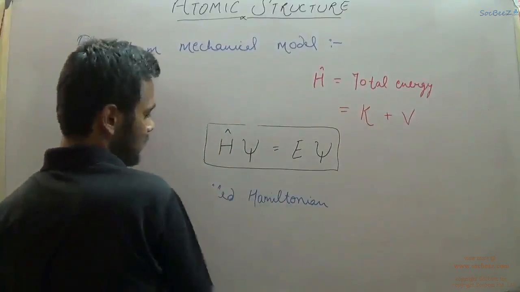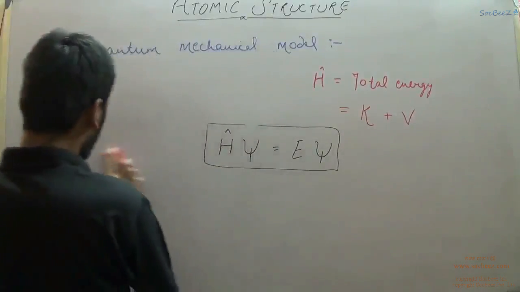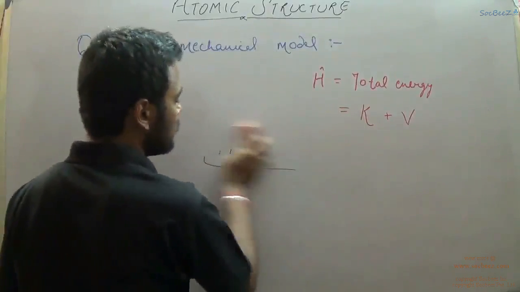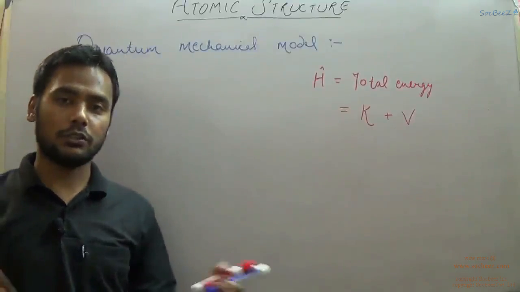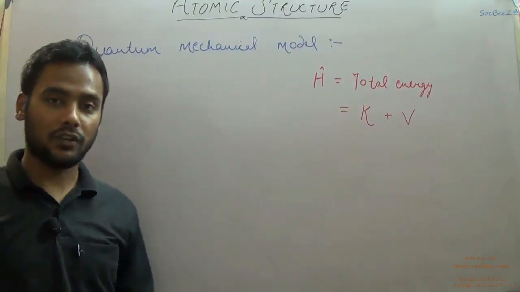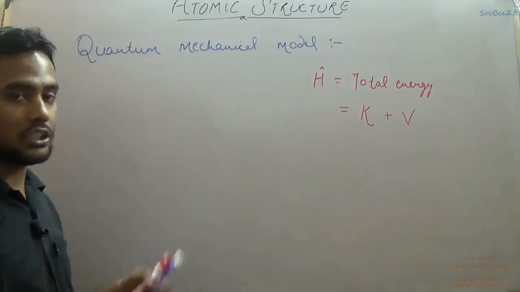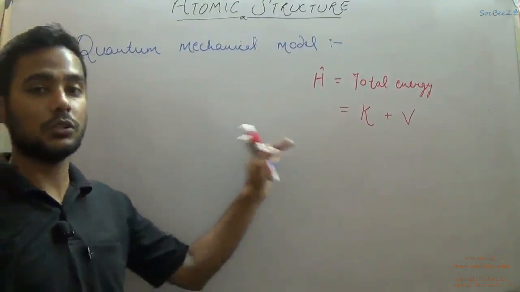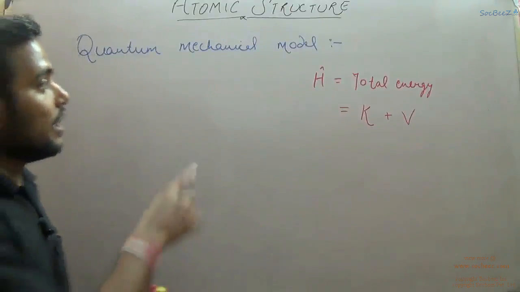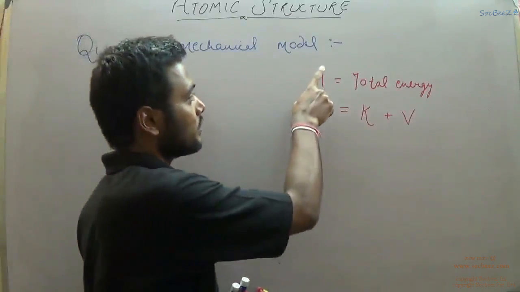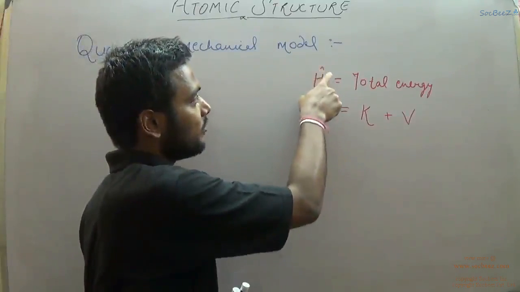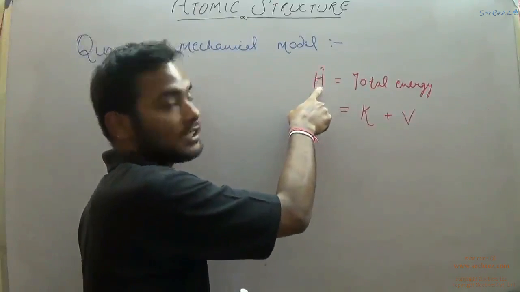So an operator is a mathematical term which operates on two or more quantities to yield a particular result. For example, the addition that we do, it is also an operator. Or multiplication that we do, it is also an operator. So just like addition and multiplication, Hamiltonian is also an operator. And an operator is just shown with a cap sign over its symbol.